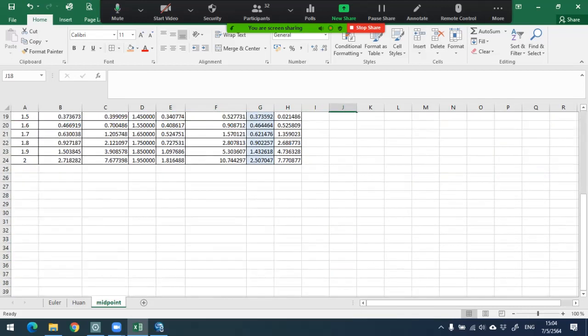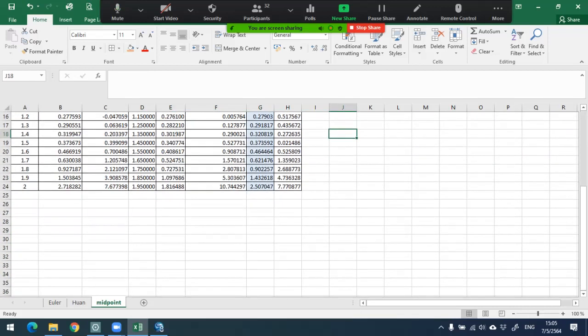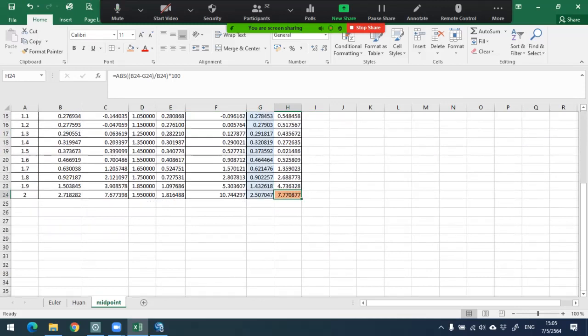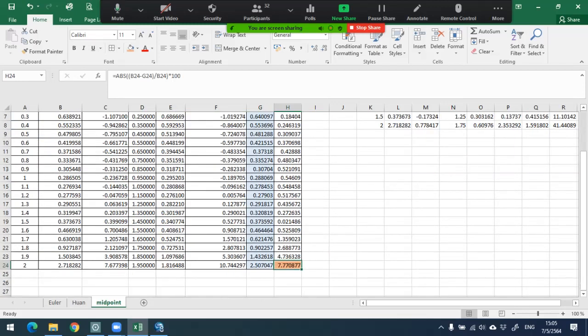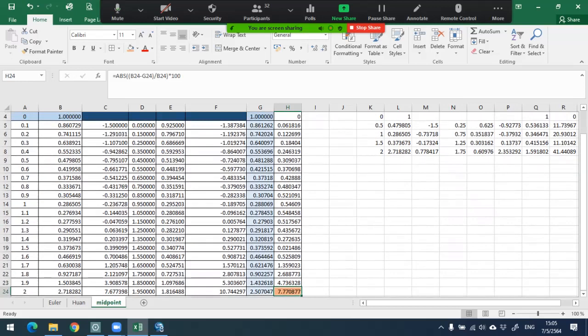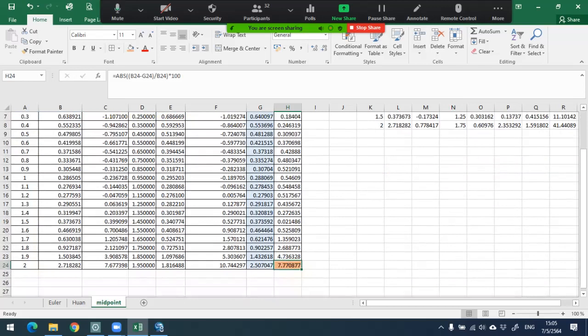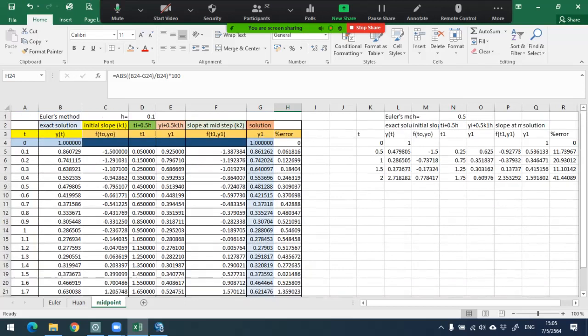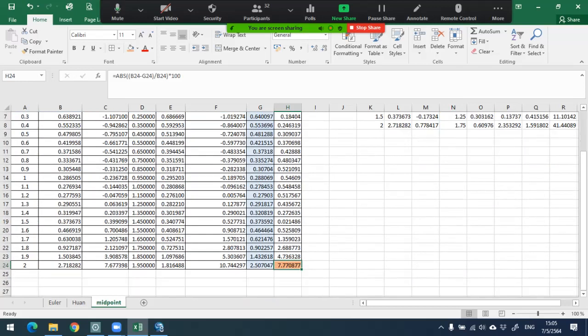But finally, when t equals 2, we found that the error becomes 7.77%. It's still not good enough, same as Heun and Euler. When we increase the time, the cumulative error produces a huge error at the end.